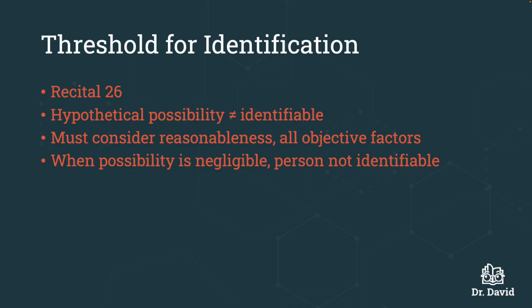And the main idea here is that if there's a hypothetical possibility that this data may identify an individual, then that hypothetical possibility alone does not mean that the data is identifiable. Instead, what we need to consider is reasonableness, that is, all of the objective factors. And when the possibility is negligible, even if it's 0.01% or what have you, then the person is not identifiable.